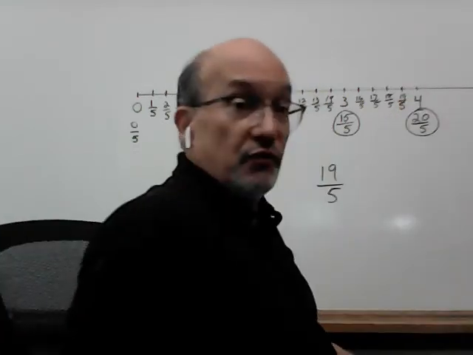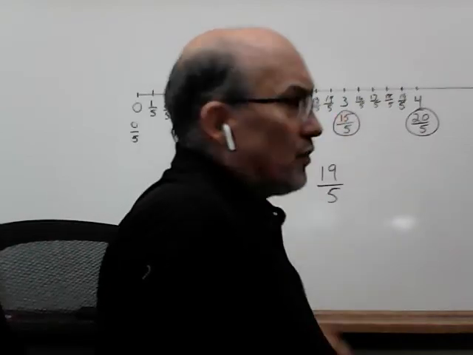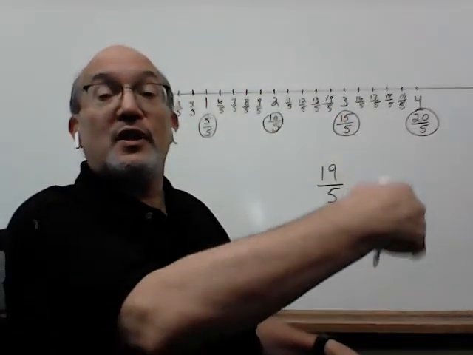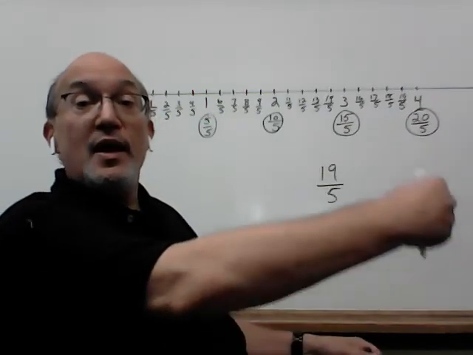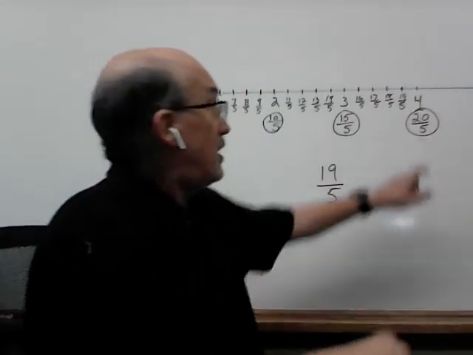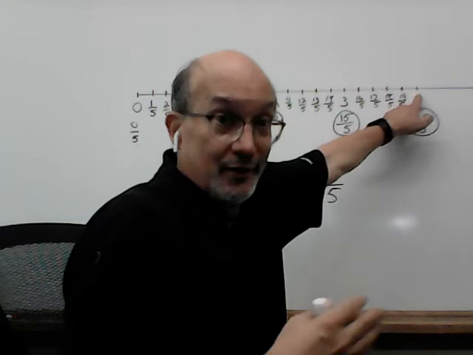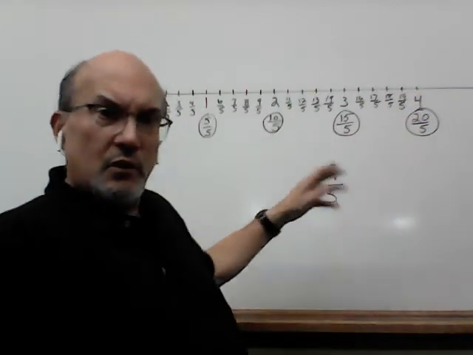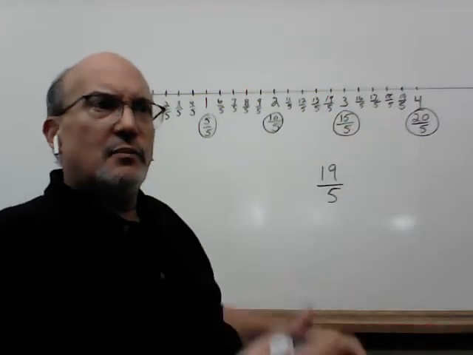So it's less than 4, but it's greater than 3. How much greater than 3 is it? We're going to express its location as a sum, adding something to the 3. We cannot add something to the 4 because 19/5 is less than 4. So we go to the 3 and add something to it.